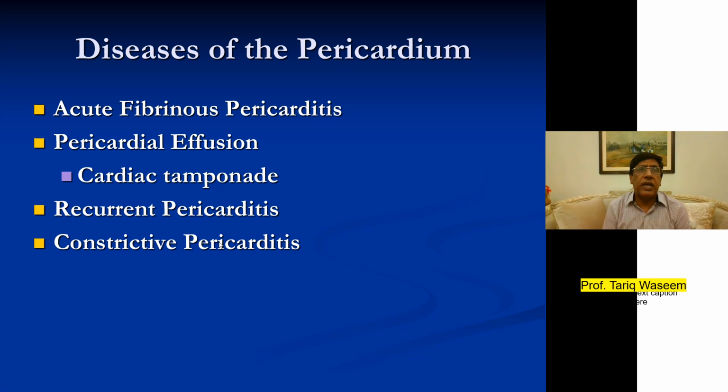So the normal elasticity or ability to expand is lost, and this would then lead on to constrictive pericarditis, which means that the pericardium wrapped around the heart is so tight that it does not let the heart dilate. These are the major mechanisms of causing disease in patients with pericardial involvement or pericardial pathologies.